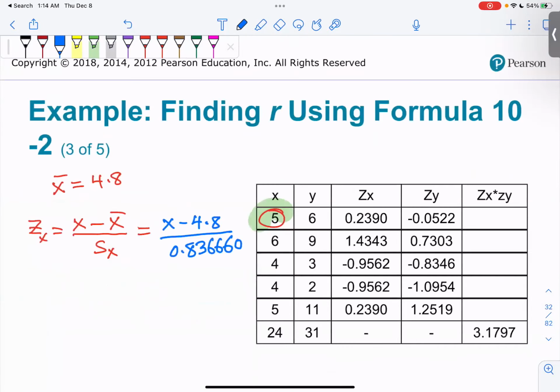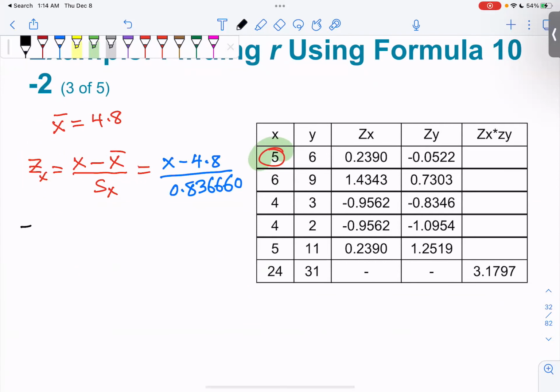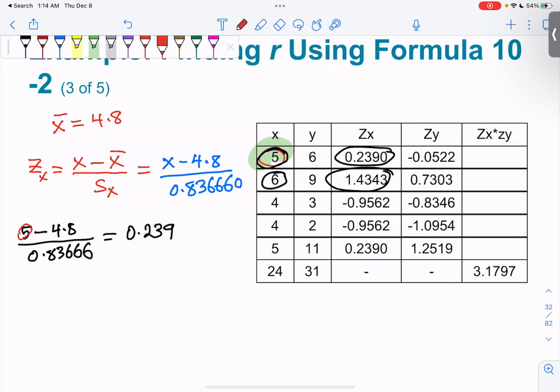So now for each single value, the first value will be 5, so 5 minus 4.8 divided by 0.83666, we will get this value, which is 0.239. And then if we use 6, it's exactly the same, but here we will put 6, then we will get this one, and so on, okay?